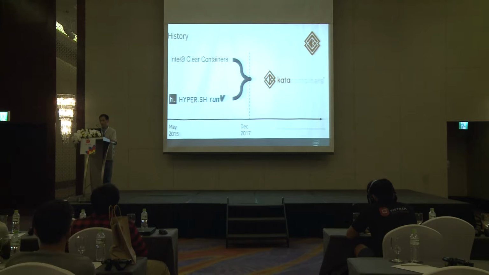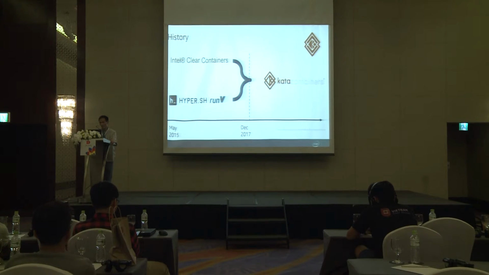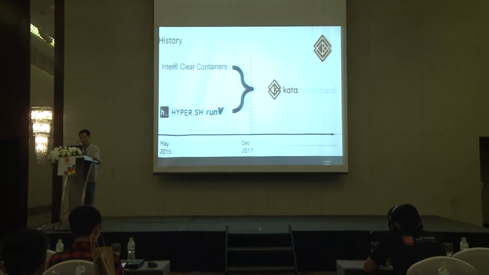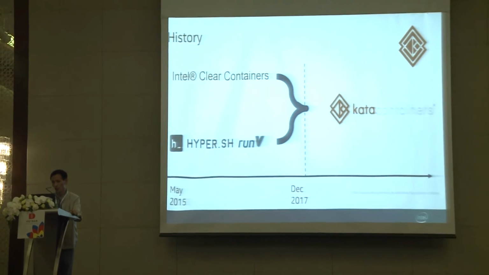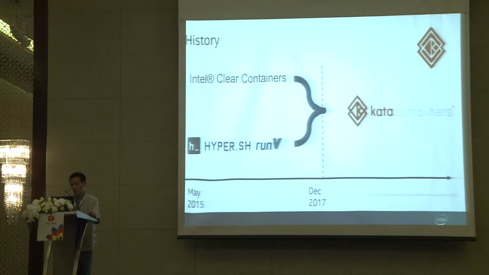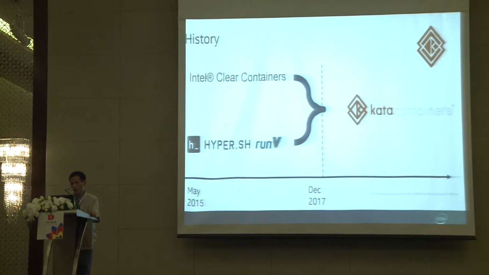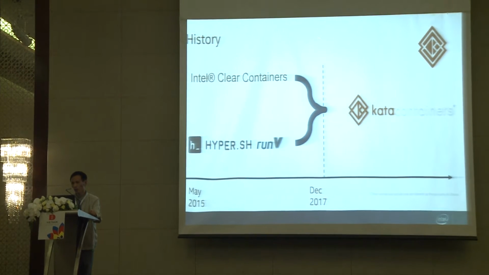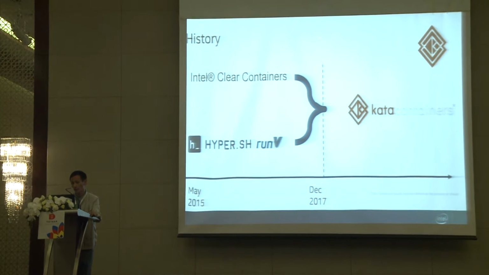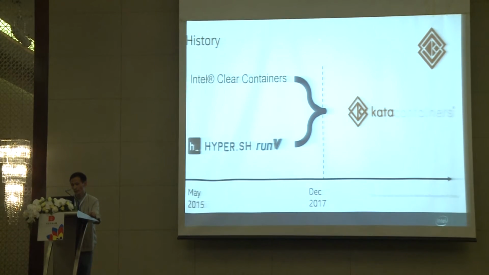This is the history of Kata container. So Kata container is actually a combined project in the open source community. In 2015, Intel launched the Clear Container project, whose goal was to leverage virtual machine technology as a container isolation.